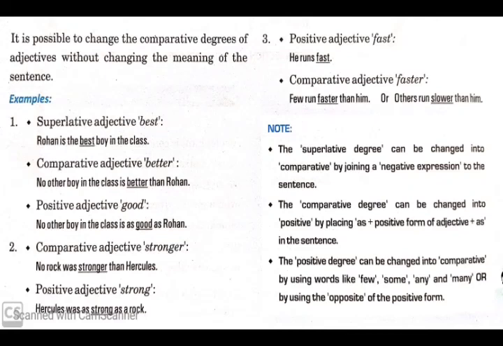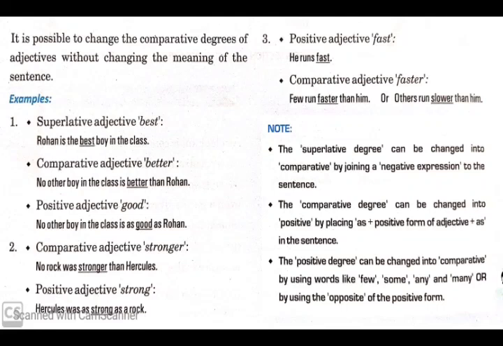Same way, comparative degree can be changed into positive by placing as, positive form of the adjective, as in the sentence. So we use as, adjective, as. For example, we did no other boy is as good as Rohan. So as, then adjective in the positive form, then as, and then we complete the sentence.